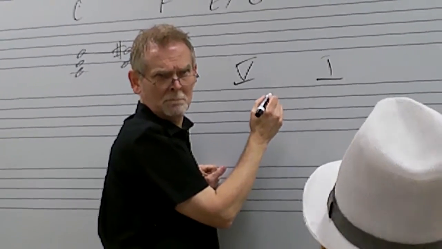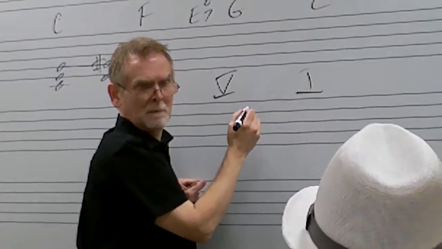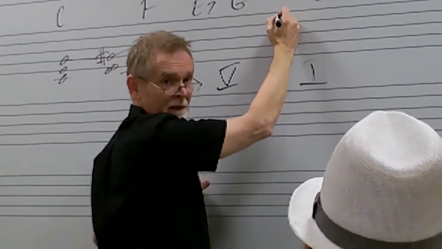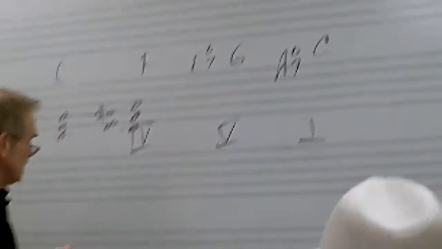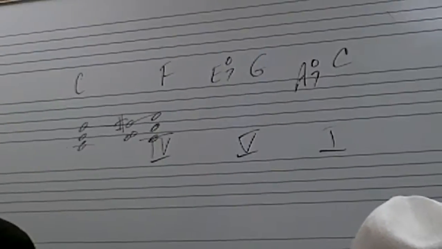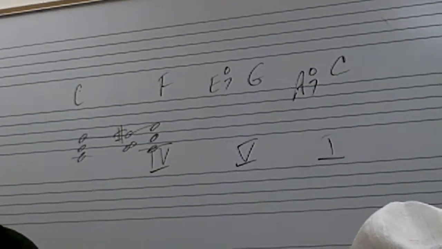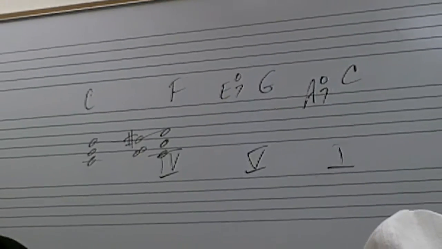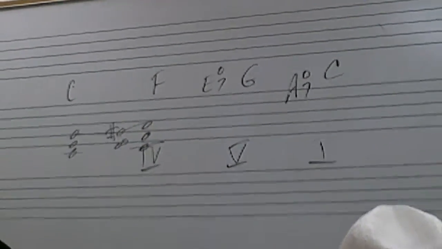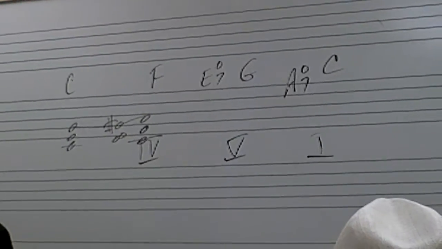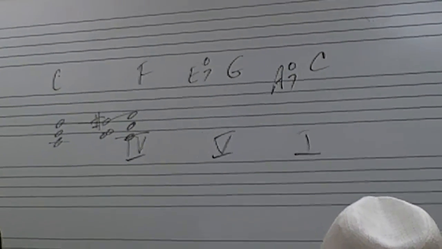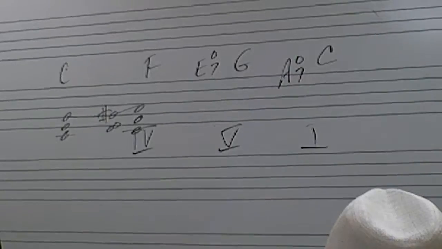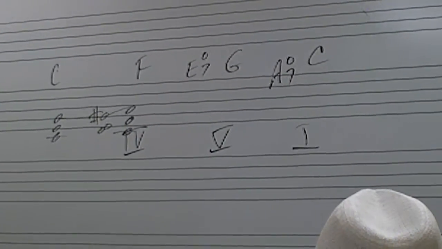A flat, A sharp, A diminished 7. So now instead of 1, 4, 5, 1, I'm going to have this. I didn't voice that really well. Okay, there it is.